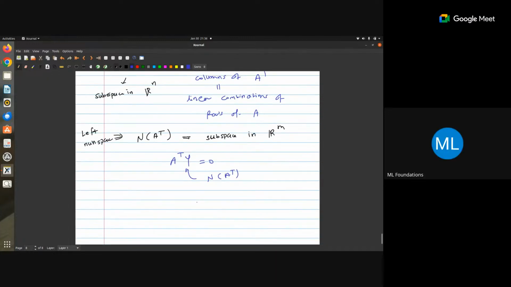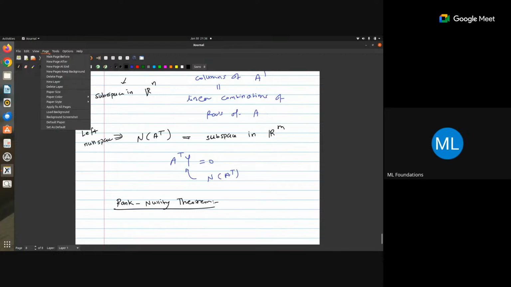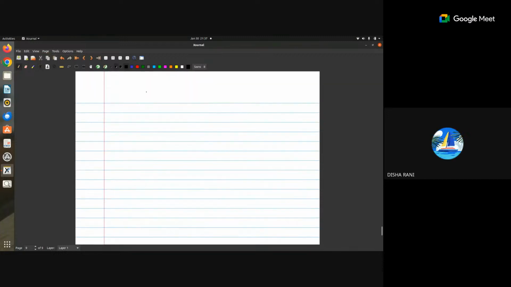There is one important theorem called the rank nullity theorem. So, what is the rank nullity theorem? It says rank plus nullity is equal to the number of columns.